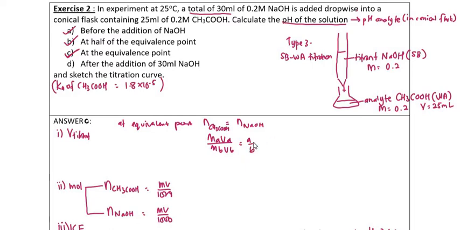When you use this formula, you have to write the equation: acetic acid with NaOH to produce the salt and H2O. Based on this, the stoichiometry for acid and base is similar, 1:1.